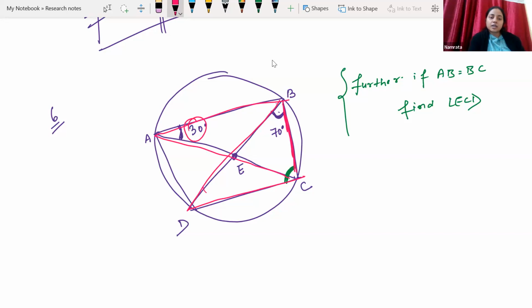So this is 30 degrees and the angle over here will also be 30, because angles in the same segment are of the same measurement, right? Yes or no? Now, if we take triangle BDC, then can we find the unknown angle C?